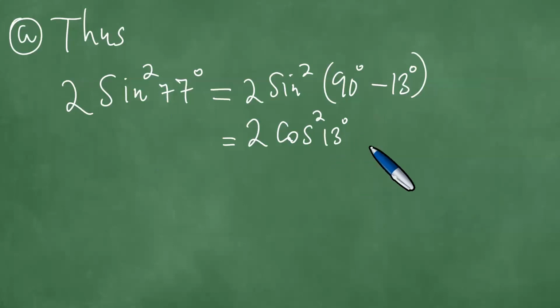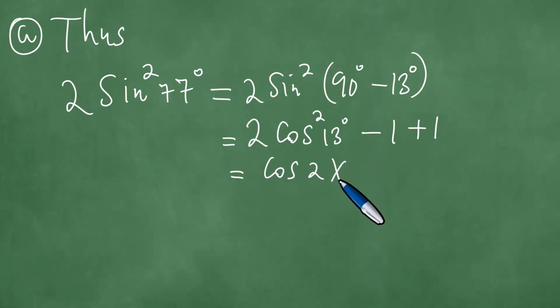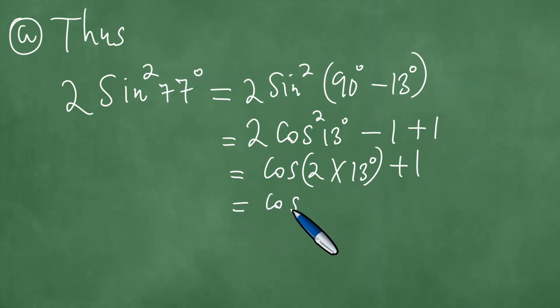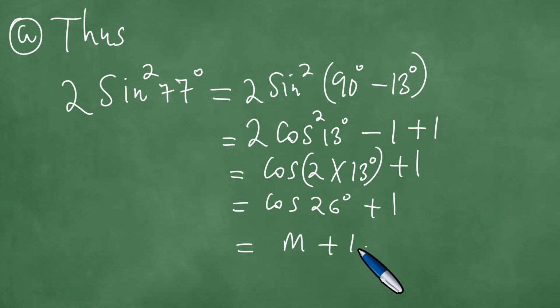If we put minus 1 plus 1, then 2 cosine squared of 13 degrees minus 1 is the same as cosine of 2 times 13 degrees, plus 1. This is exactly cosine of 26 degrees, because 2 times 13 is 26 degrees, and the cosine of 26 degrees is exactly m according to the given question.